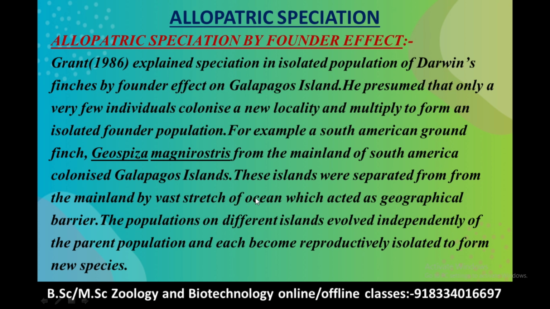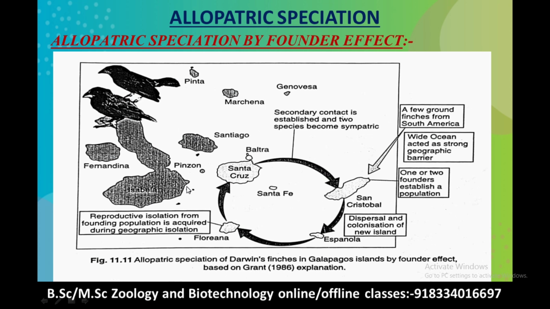So here the ocean acted as the geographical barrier. The populations on different islands evolved independently of the parental population, and each became reproductively isolated to form new species. Okay friends, this is the picture you can see.